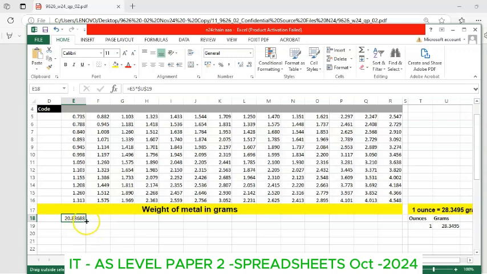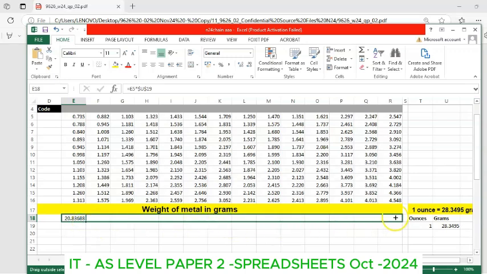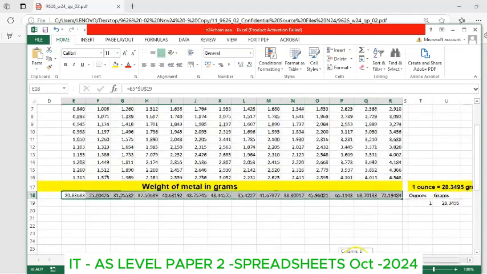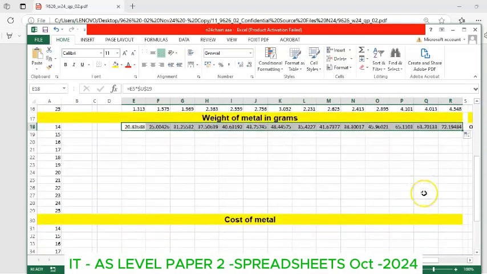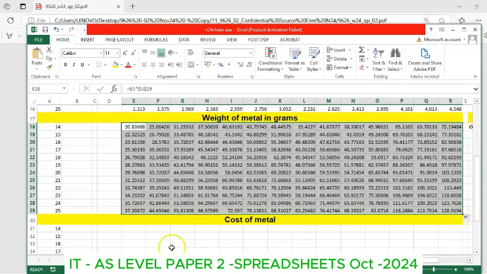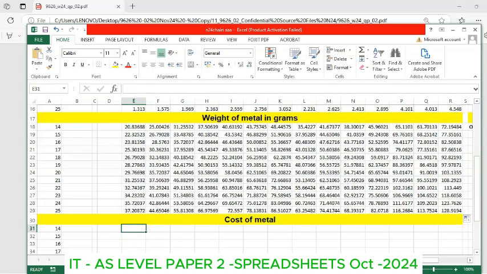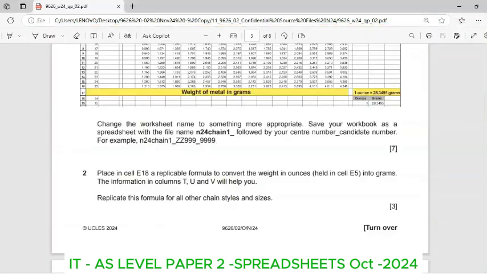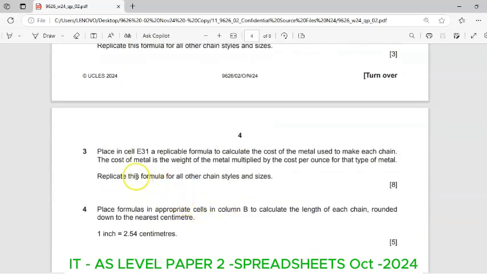I'm going to replicate the values across, and also down to row number 29.